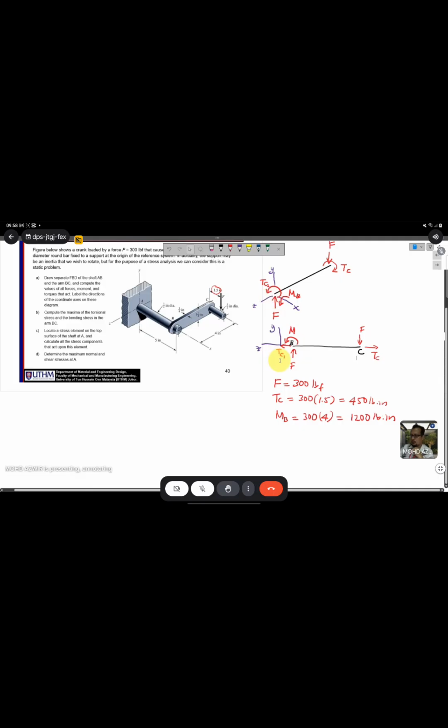TC1 and TC are actually the same value. After that, you can transfer all the forces acting at point B on the arm BC to the rod AB. So we need to draw.